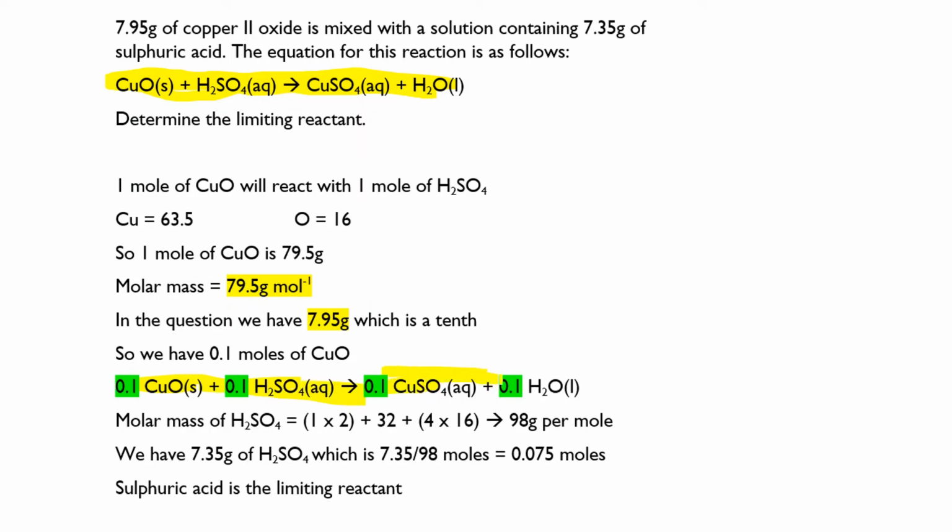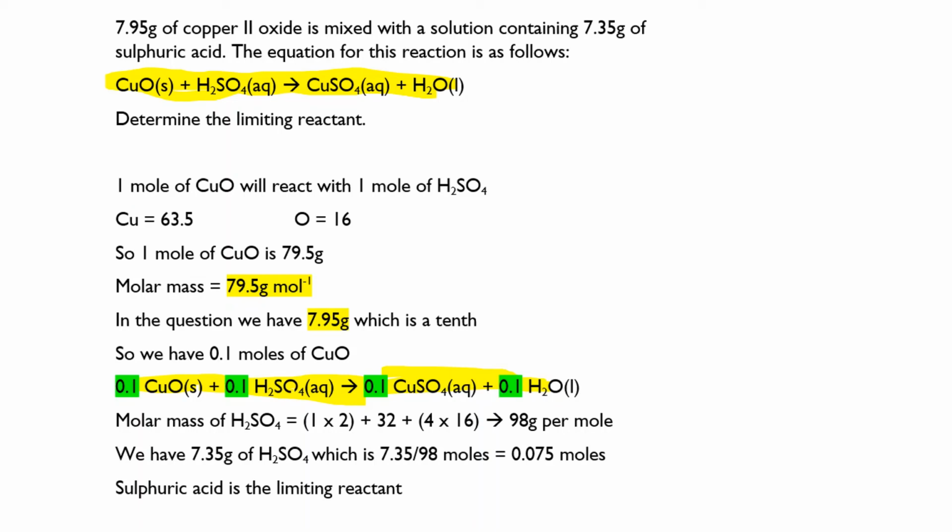So this is just the same equation as above, but we multiply every term by 0.1. Now can you see we have 0.1 moles of CuO must react with 0.1 moles of H2SO4 to make 0.1 moles of CuSO4 and 0.1 moles of H2O.